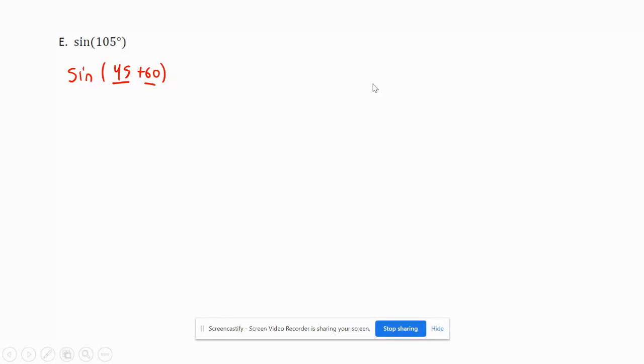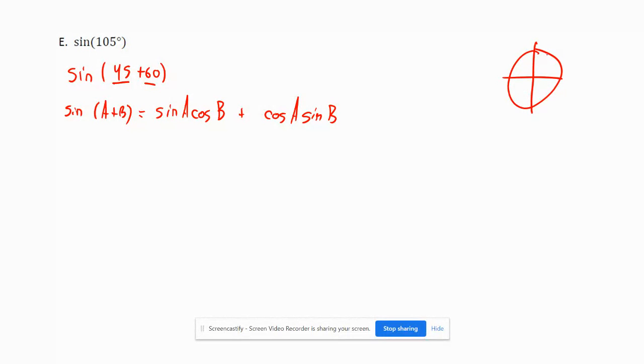So we have sine A plus B equals sine A cos B plus cos A sine B. Very similar to what we did in the last example, except now we're using 45 and 60 in a slightly different formula.